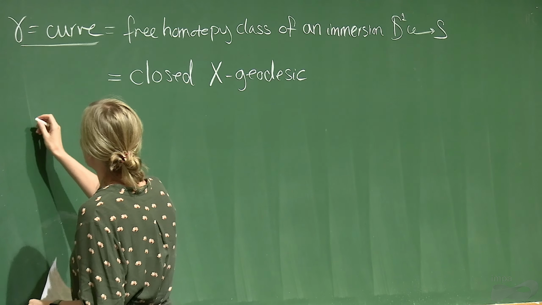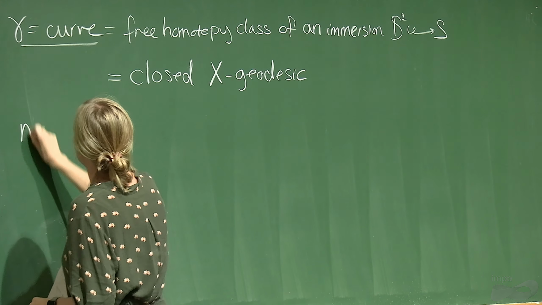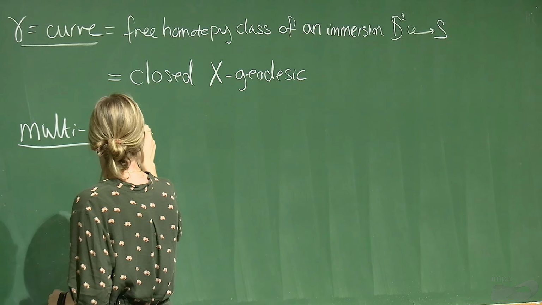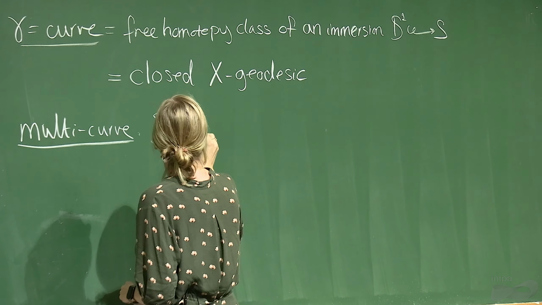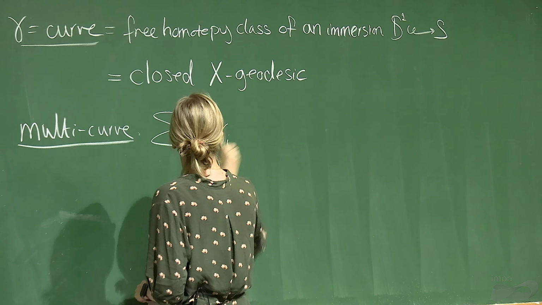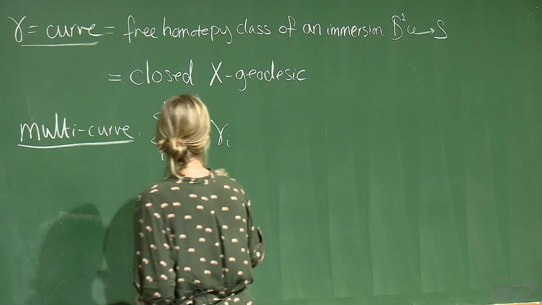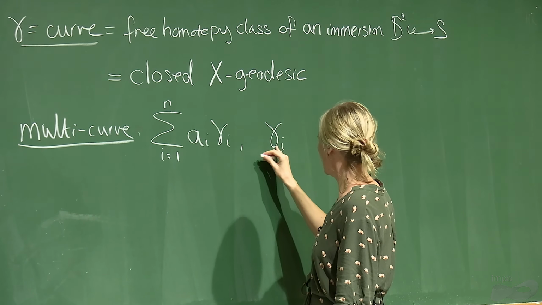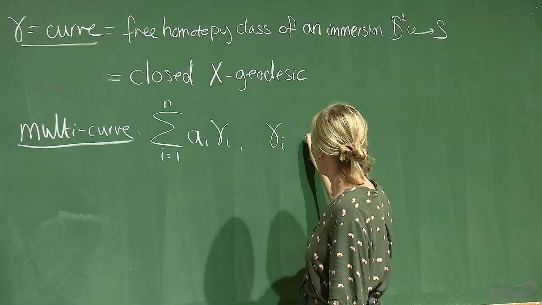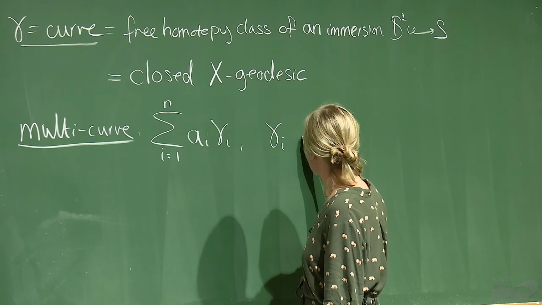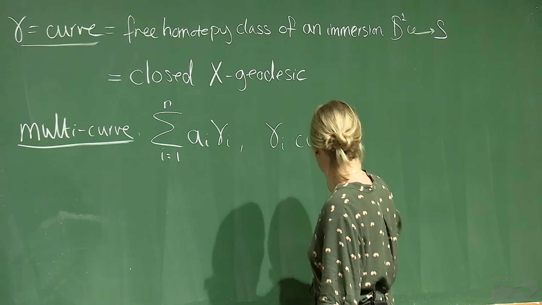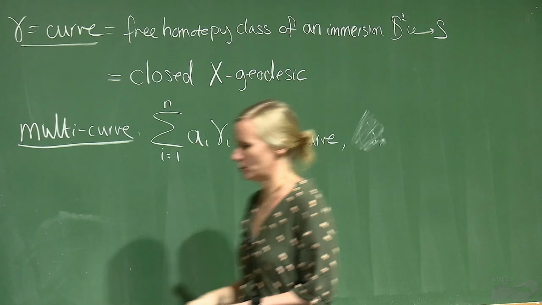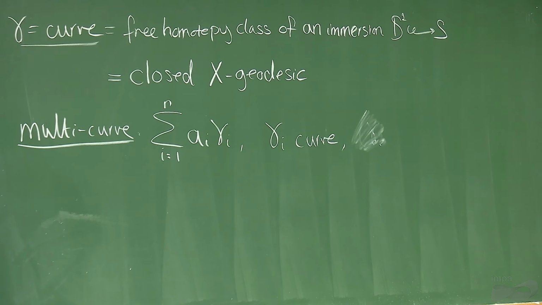Slightly more general, we're going to talk about multicurves. A multicurve is a formal linear combination of curves, where each gamma_i is a curve, such that they're distinct. I already defined curves up to homotopy, so they're distinct curves.